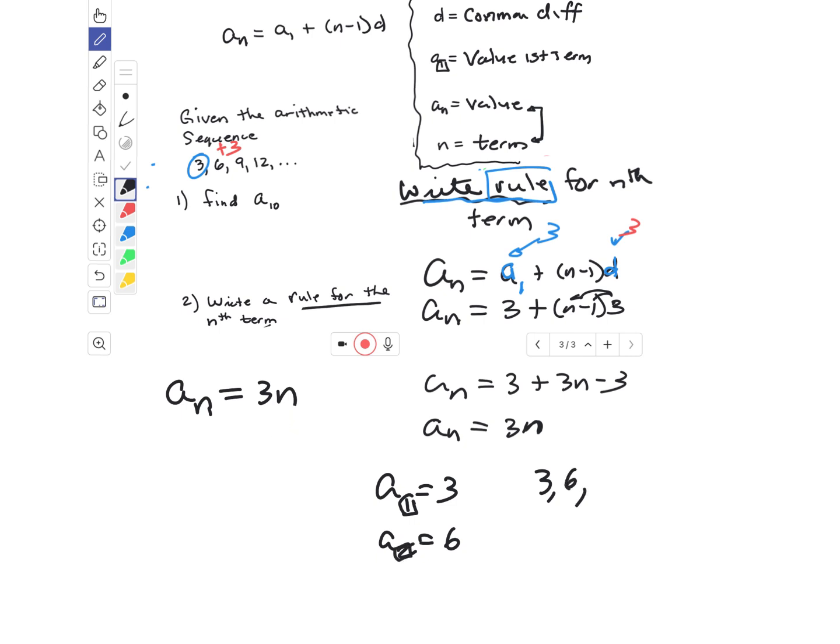If we plugged in 3, a sub 3, that gives us 3 times 3, which would give us 9 for the next term. So notice that when we plug in 1 or 2 or 3 or 4, this rule will give us the value of that particular term. And so that's called the rule of that arithmetic sequence.